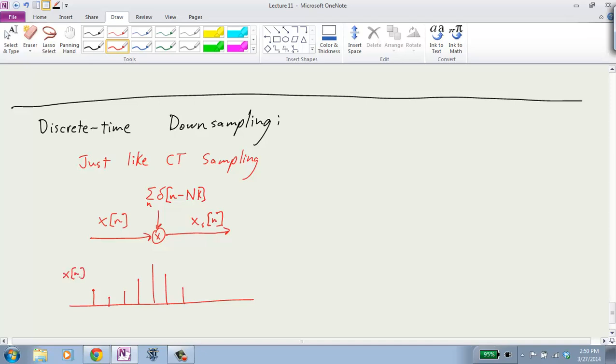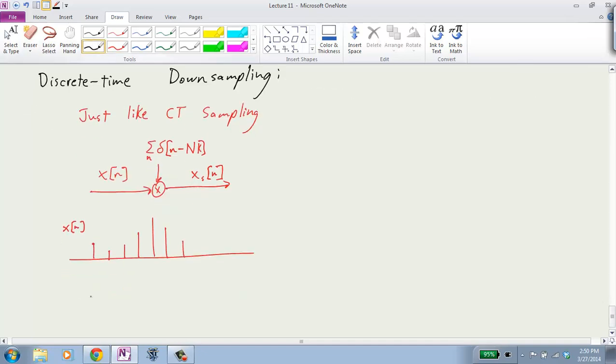And if we have now our sampler, if we're just going to keep some of those samples, we can think of that as multiplication with delta functions that are now spread out. So 0, n, 2n, so forth. Okay. If we multiply these, what we end up with is we lose everything in between the samples. We only keep these, and the rest becomes 0.